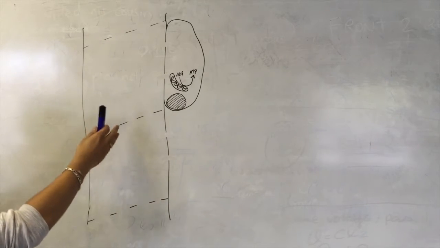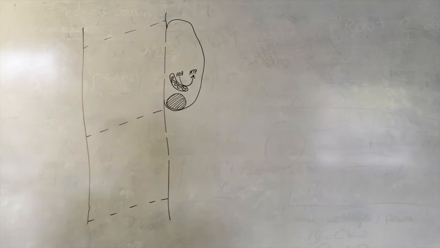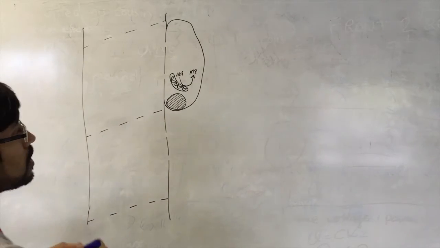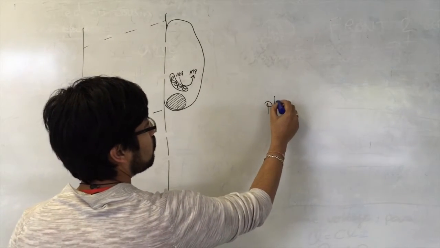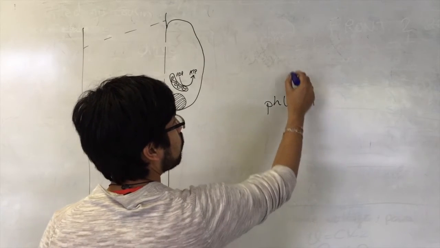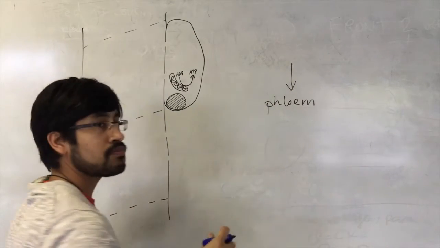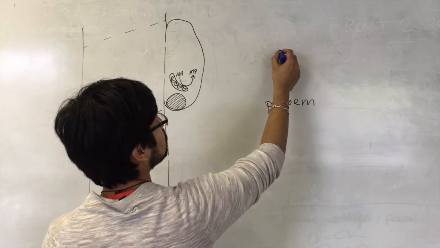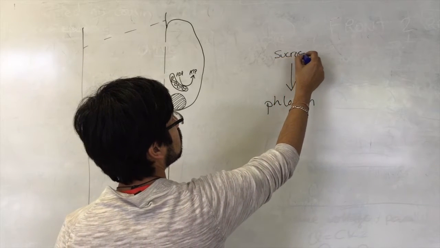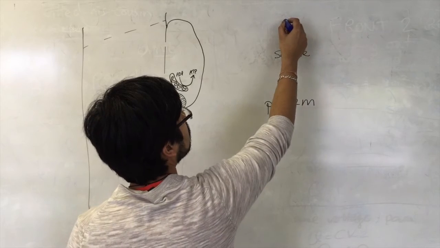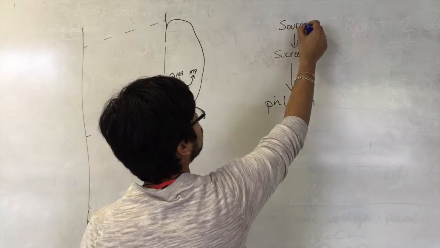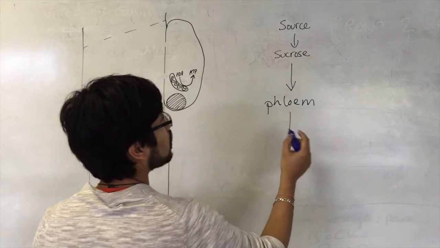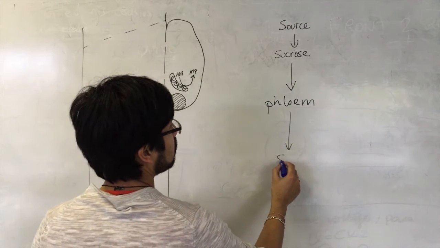Here we have things you should be able to recognize. We have our sieve tube elements, we have our companion cell, and remember, our phloem was our means by which sucrose could go from a place where it was being produced to a place where it was needed.